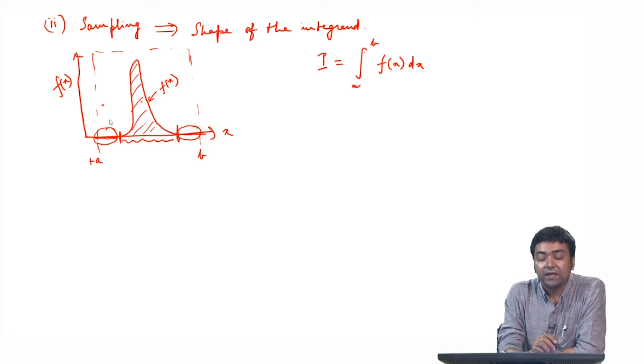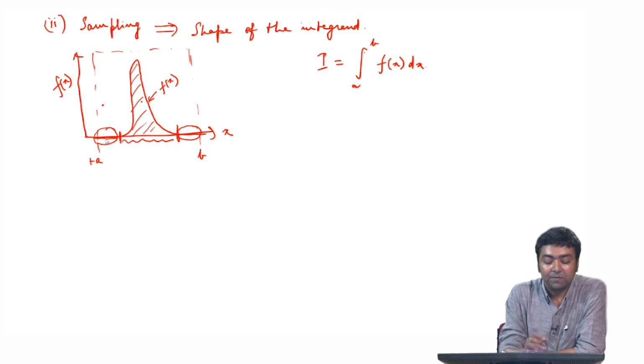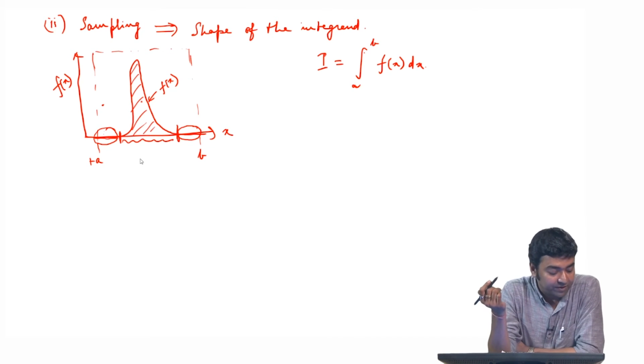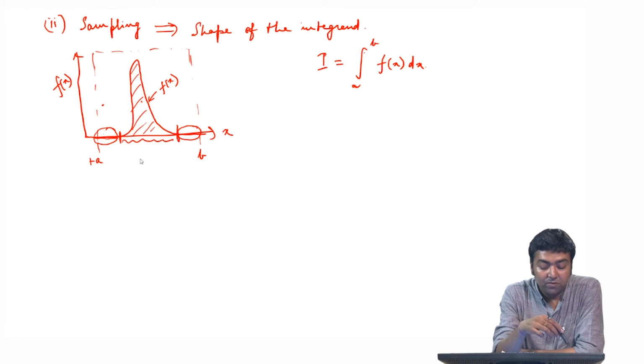So, I need an enormously large number of random numbers to have a reasonable estimate of this integral, because in both the hit and miss method and the brute force method, most of these points will lie in the region where the contribution of the function to its average value is close to 0. So, you are losing a lot of sampling, a lot of points. You do not want this.